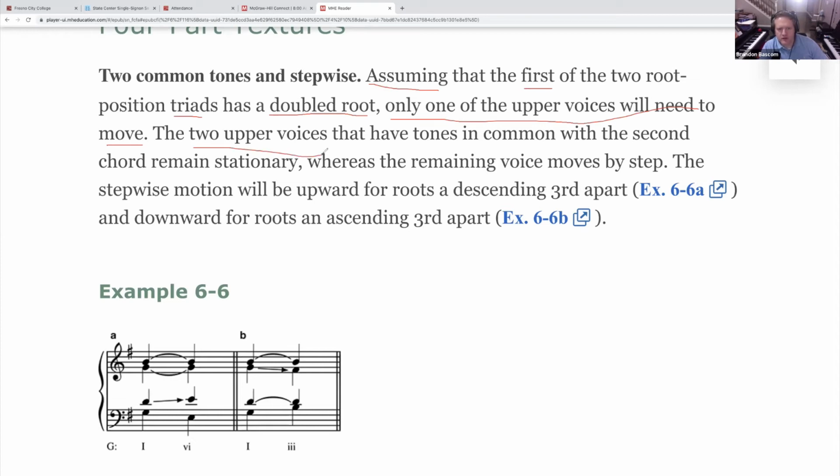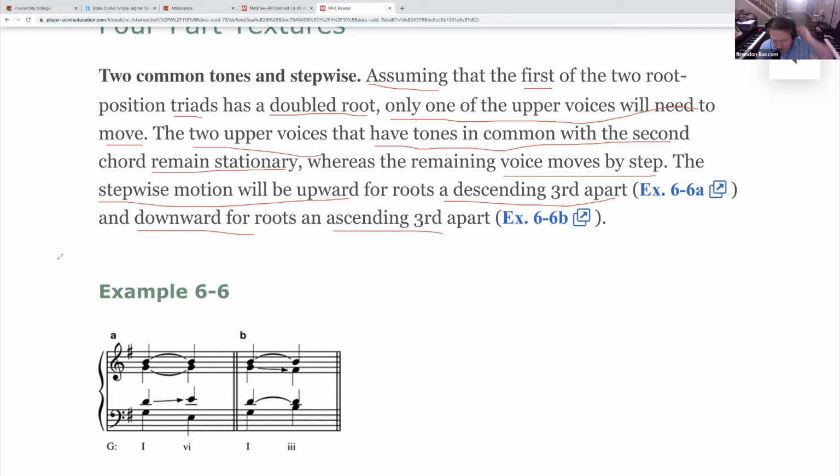Two upper voices have tones in common, will stay the same. Everything else moves by step. Stepwise motion goes up if the roots are descending a third, and they go down if they're ascending a third.